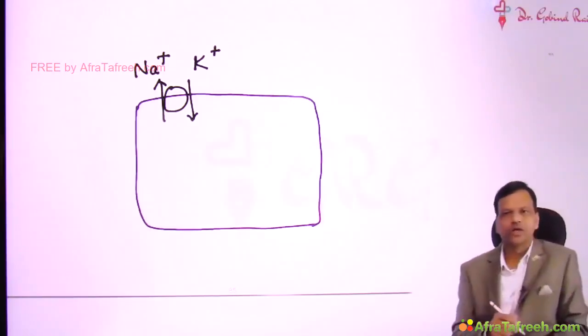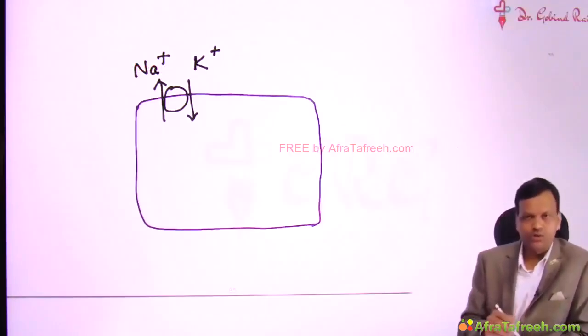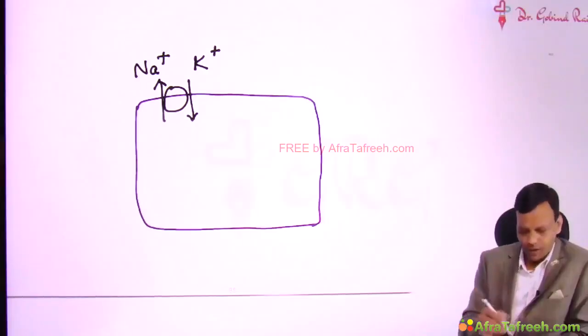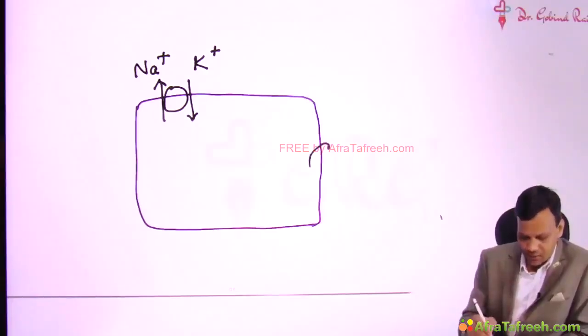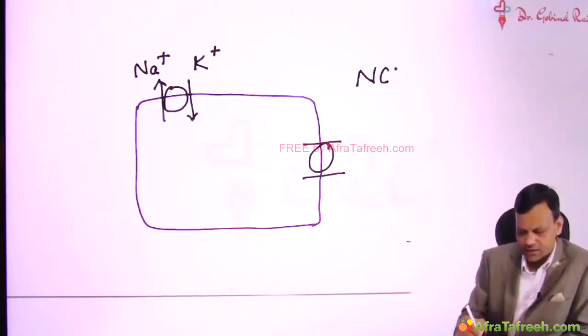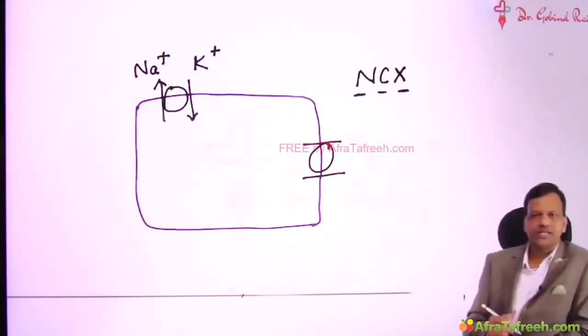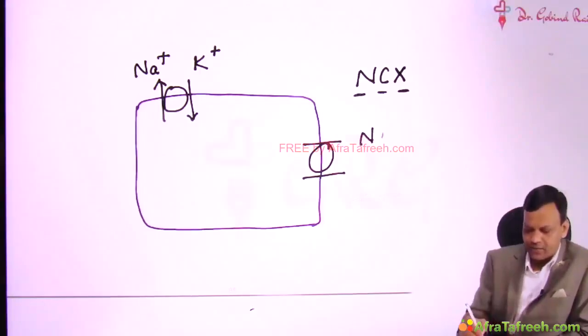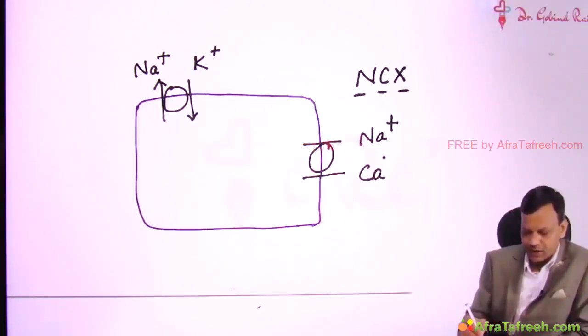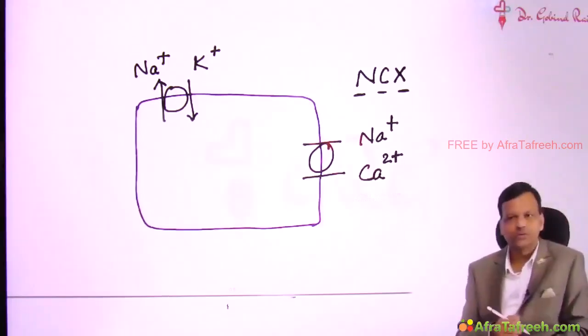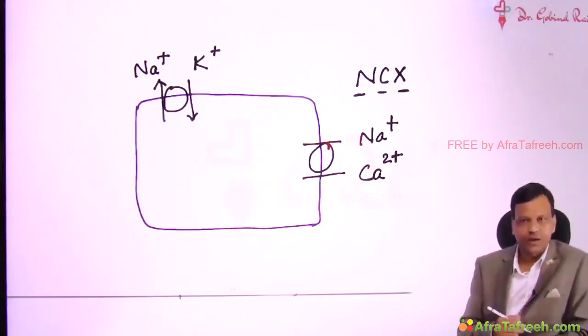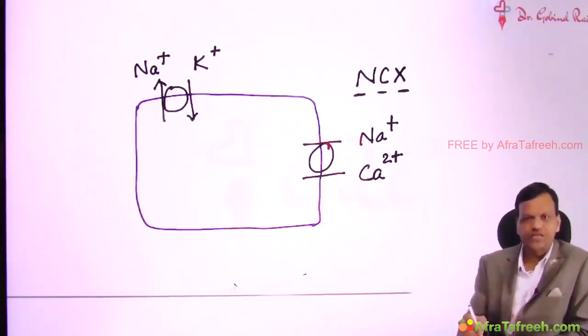And we all know the function of this pump is that sodium goes out, in exchange potassium comes in. Now in the cardiac muscle, there is one more pump present, which is called NCX. NCX means sodium calcium exchanger. As the name tells, sodium and calcium will be exchanged. That means if one comes in, the second will go out.